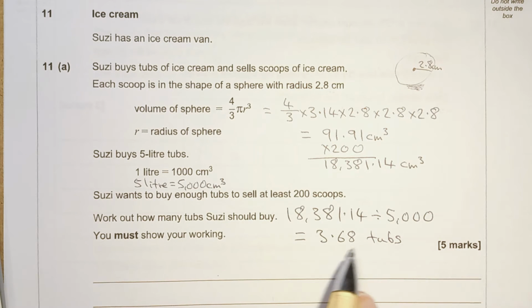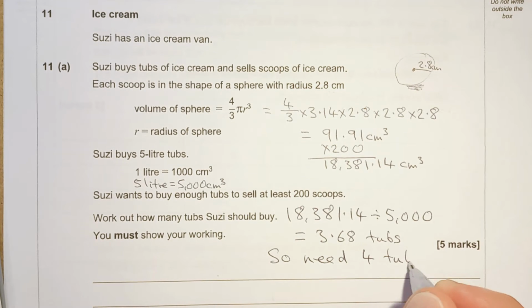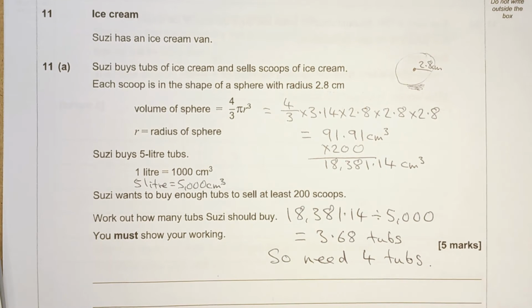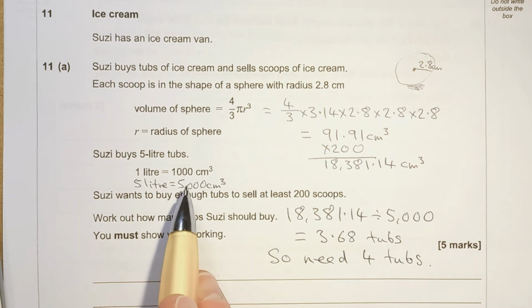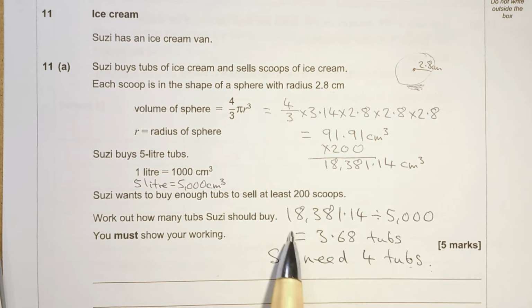But you can't buy 0.68 of a tub, so we're going to have to go up to 4 tubs. As I say, you could see it from 5, 10, 15, 20, but this is doing it more mathematically using your calculator. But make sure you round up. You'd lose a mark if you left it at 3.68 tubs.